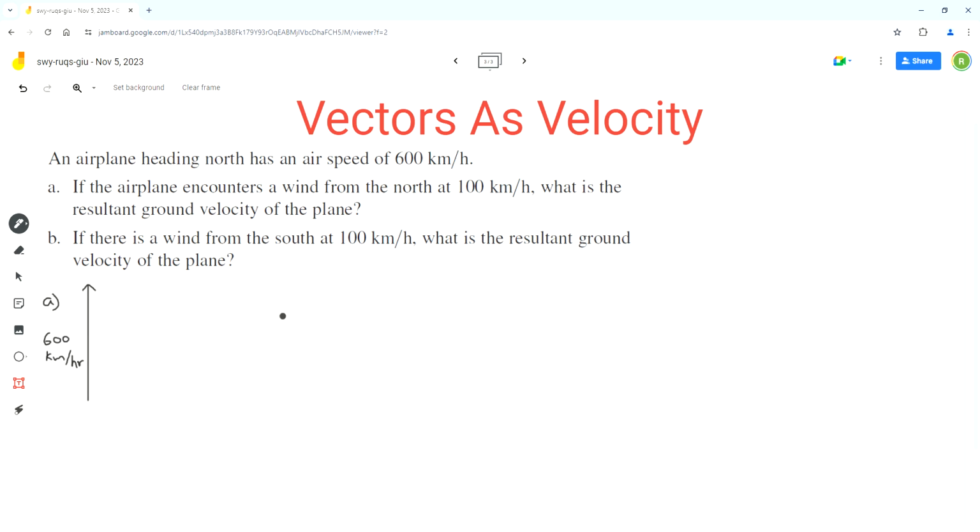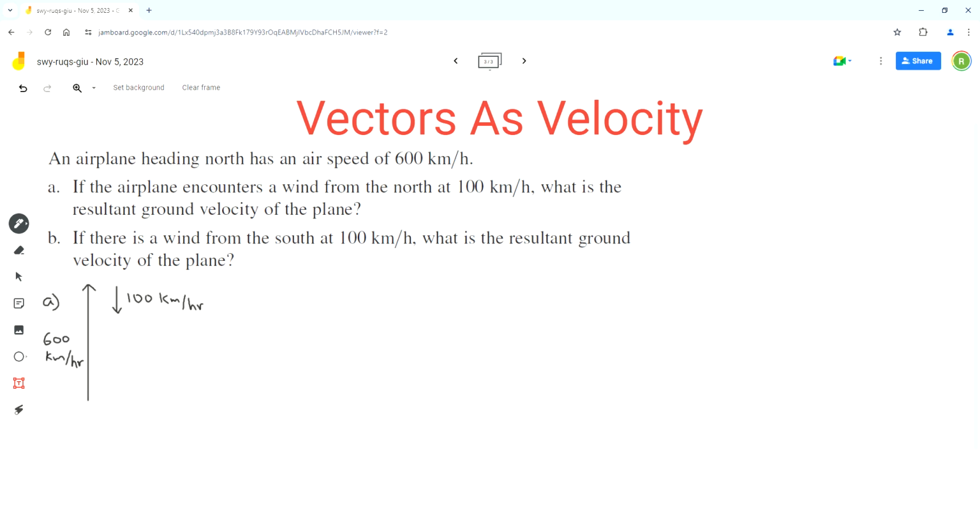So we don't have to do an exact measurement for it, but it should look like it's 1/6 of the airplane's velocity vector. So this vector can represent the wind's velocity. Now we have to find the resultant ground velocity of the plane.